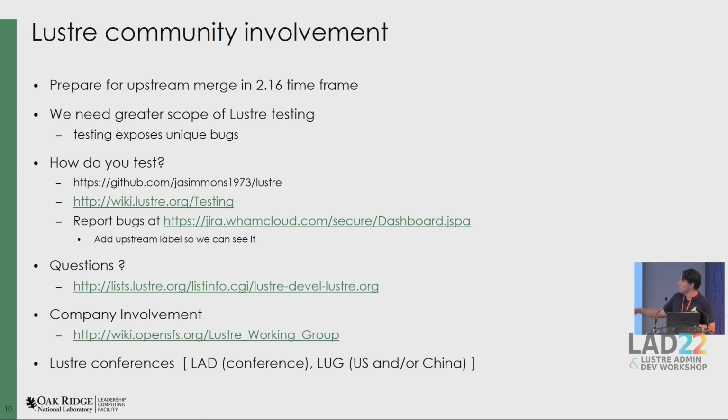There's the URL for where to grab the latest tree, and information on how to test it. Feel free to open bugs if you test it. I know Nate Ruttman from HPE tests the native client and has shown an interest. You can ask questions on the Lustre development mailing list or the LWG. We always discuss it at our calls, or you can discuss it at these Lustre conferences.